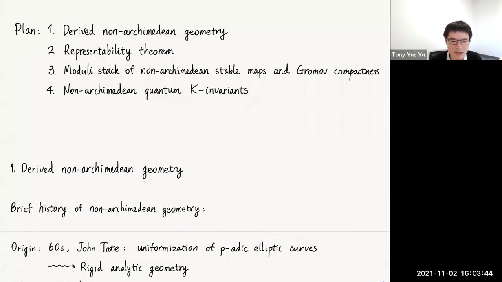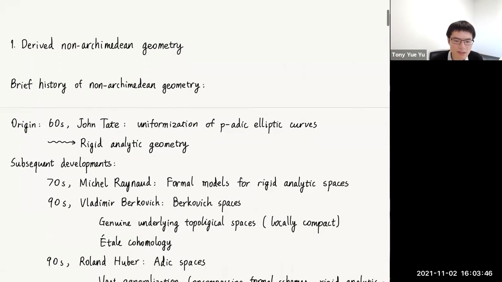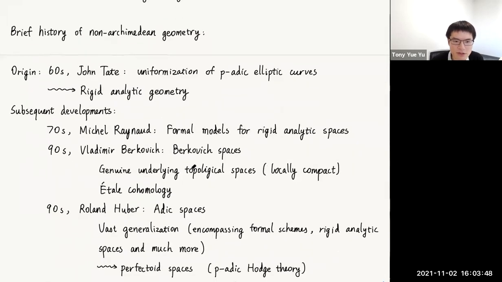After that, there were many subsequent developments. First, in the 70s, under the suggestions of Grothendieck, Michel Raynaud introduced the theory of formal models for rigid analytic spaces. And thanks to formal models, we are able to borrow a lot of techniques already developed in algebraic geometry into the study of rigid analytic geometry.